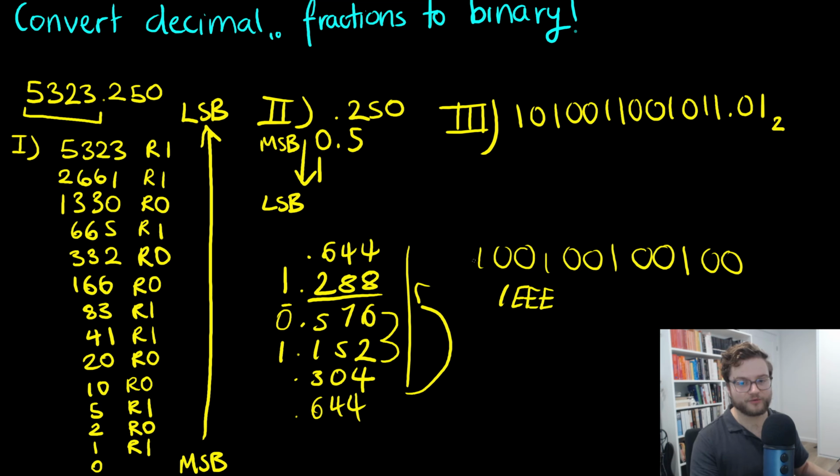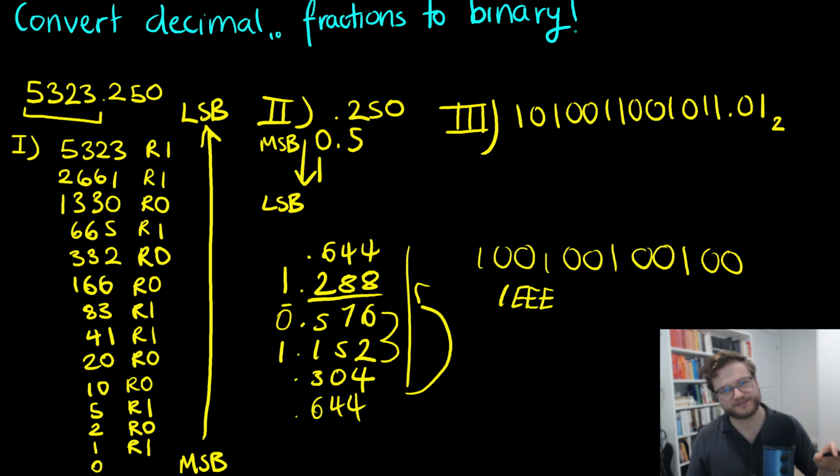So right now, as we speak, I'm actually going to use a converter from decimal to binary. My number is 5323.250, and convert that to binary: 10100110001. And yes, my number is correct. So hopefully my logic is correct.